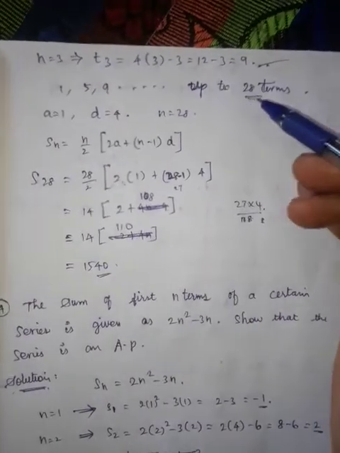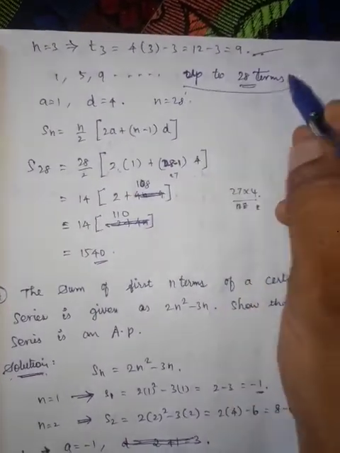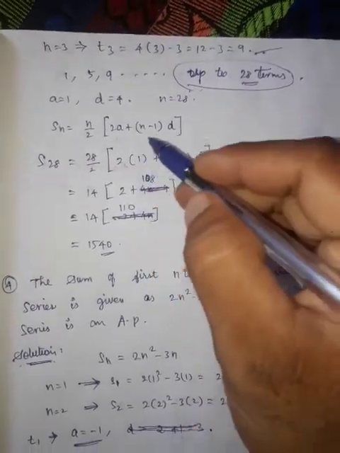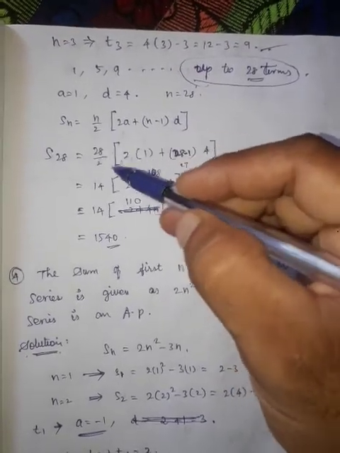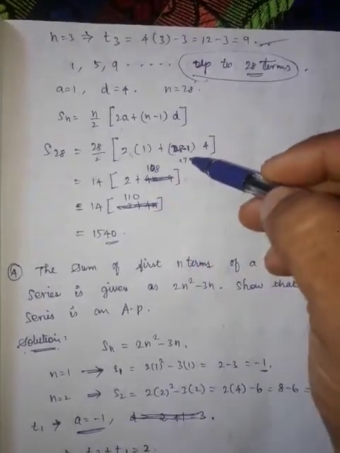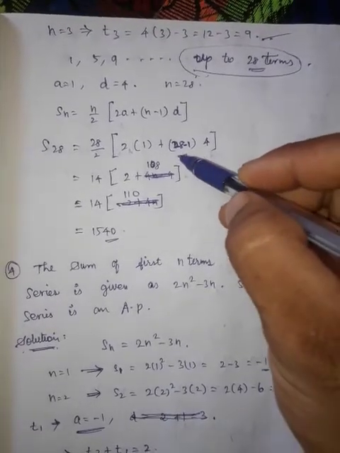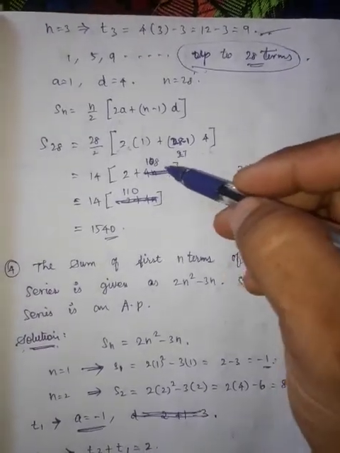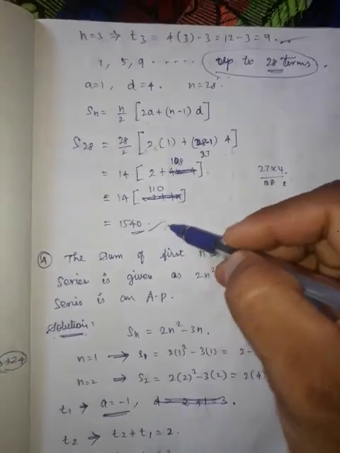Using the first formula, Sn equal to n by 2 into 2a plus n minus 1 into d: S28 equal to 28 by 2 into 2 times 1 plus 27 times 4. 27 into 4 is 108, 108 plus 2 is 110, 110 into 14 is 1540.